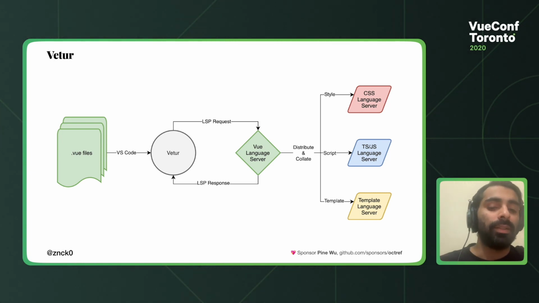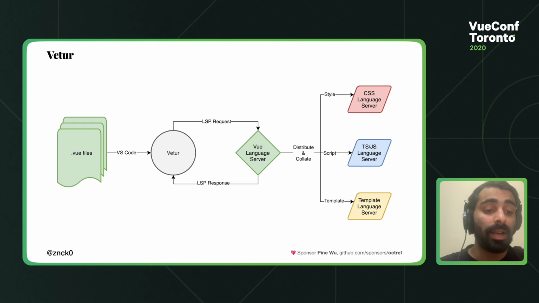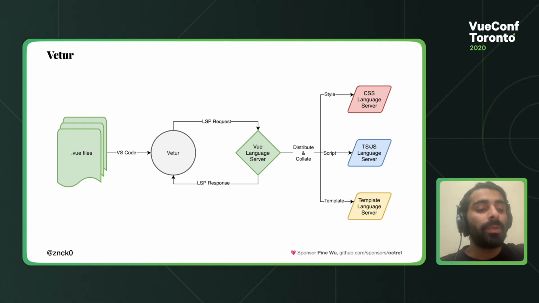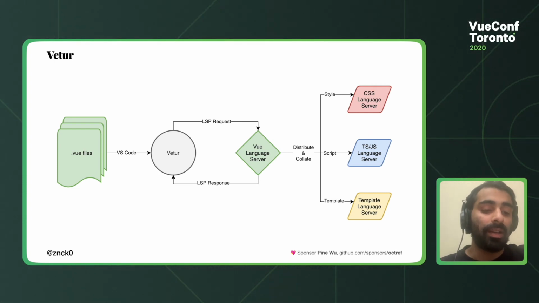And since a Vue file is a collection of blocks, we have template block, script block, and style block, this Vue language server internally spawns a CSS language server, a TypeScript language server, and a template language server.